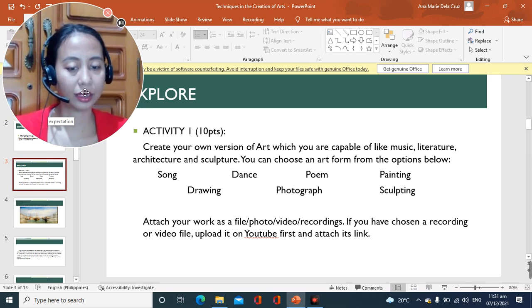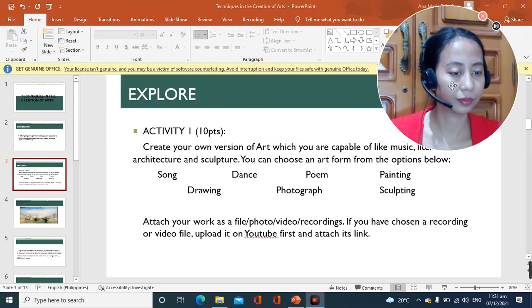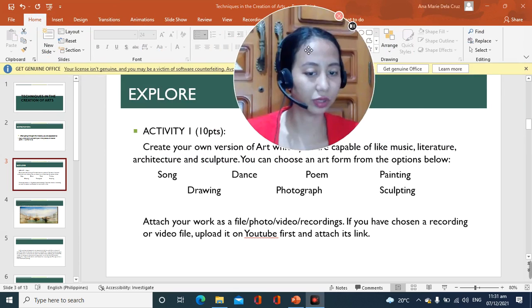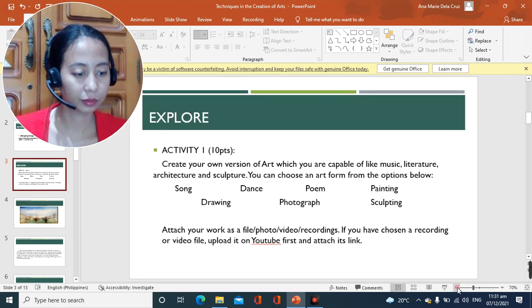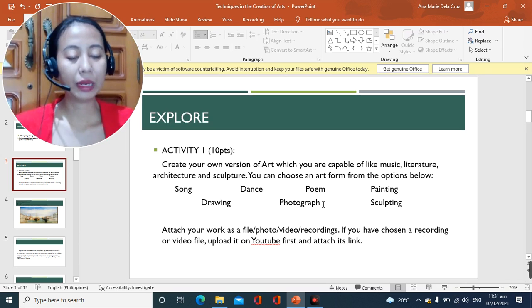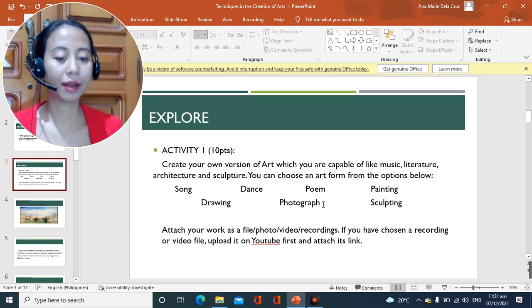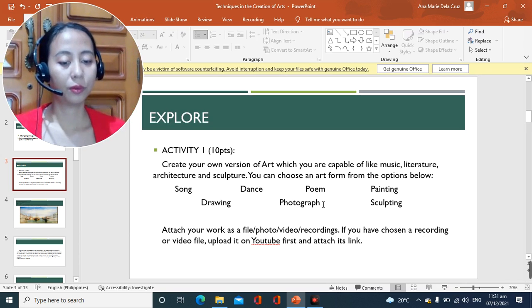We had our activity last Monday, wherein you created your own version of art, which you are capable of, like music, literature, architecture, and sculpture.